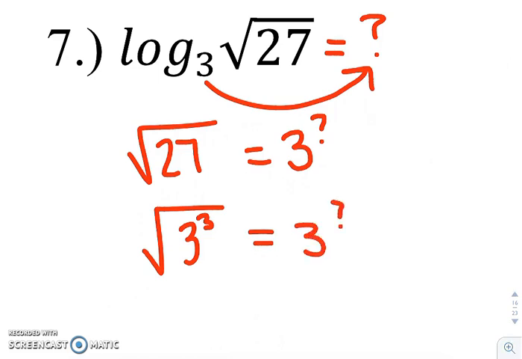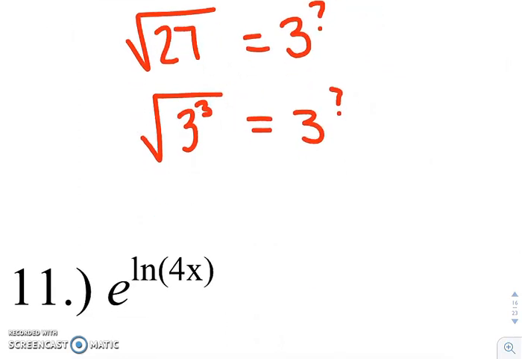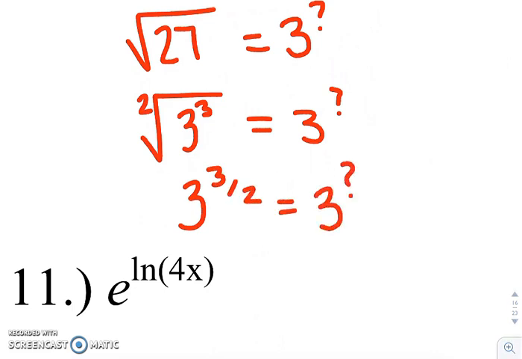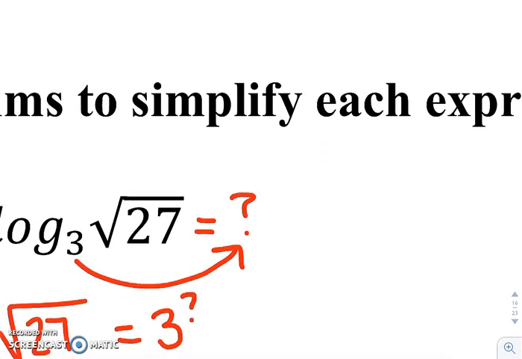So if we need this in an exponential form, instead of keeping that in radical form, we're going to say, okay, well, this is 3 cubed under the square root, so this becomes 3 to the 3 halves. So what must our whole expression equal? 3 halves.